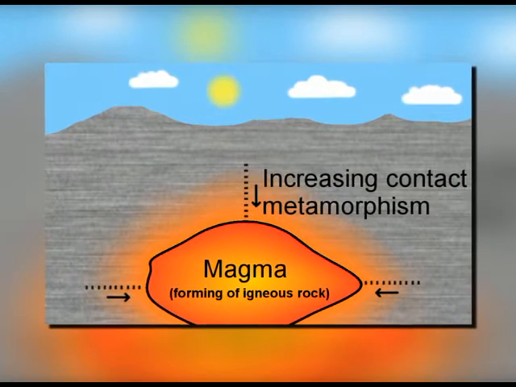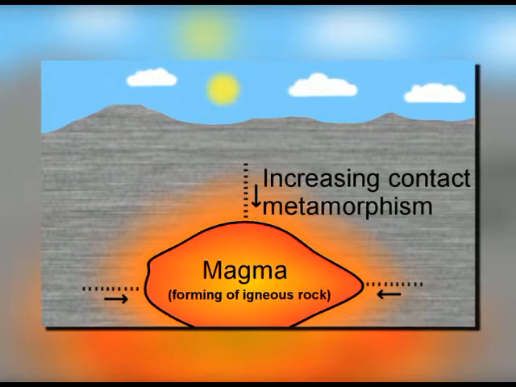Starting with temperature or heat, if metamorphism happens because of temperature or heat, we call such transformations thermal metamorphism, and the rock a thermal metamorphic rock.